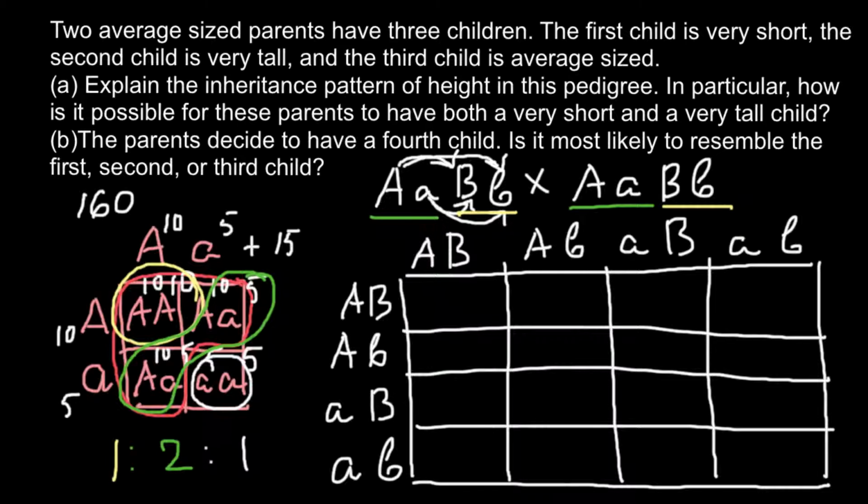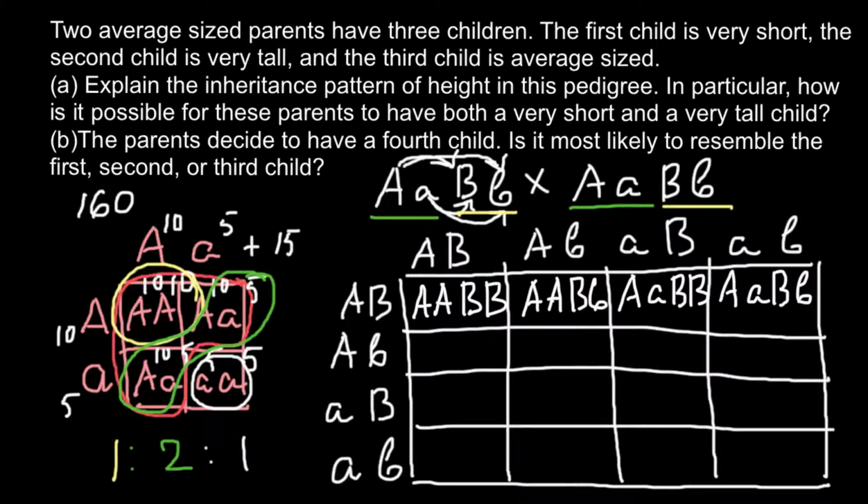For example, here we would have capital A, capital B, and capital A, capital B, small b, capital A, small a, and capital B, capital A, small a, and capital B, small b, capital A here, capital B, small b here, and capital A here, and small b here.